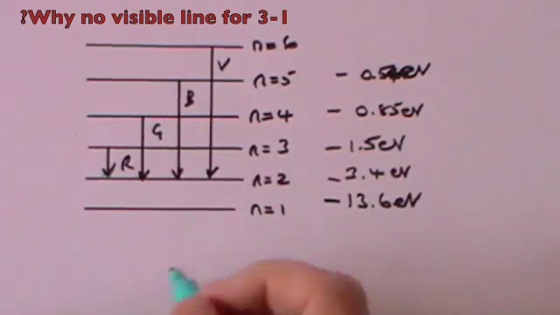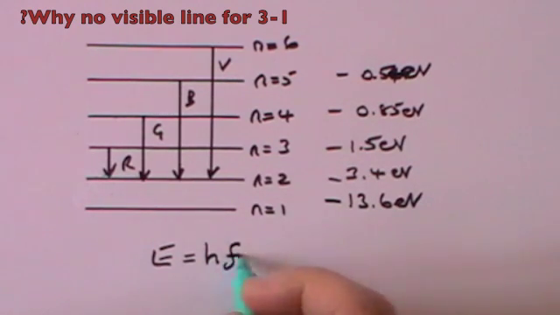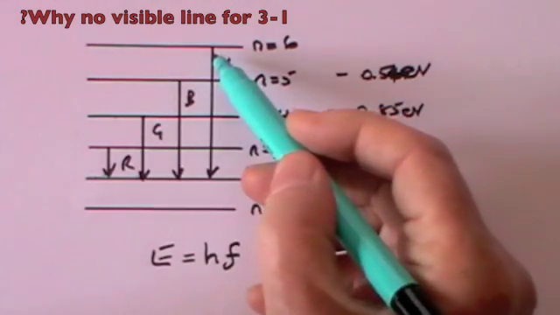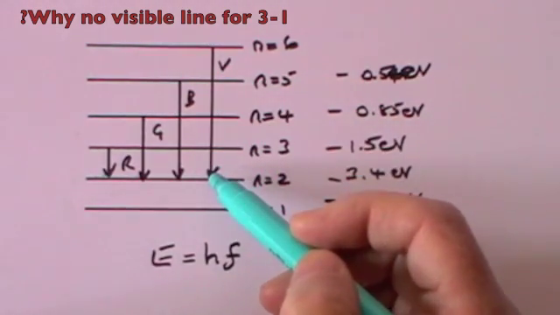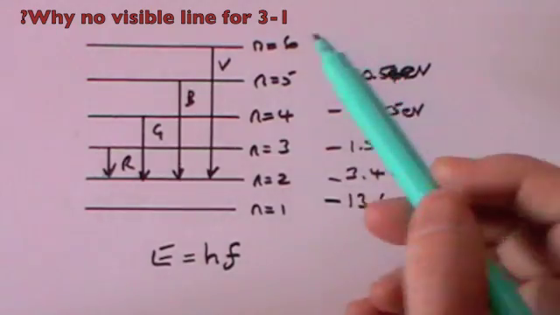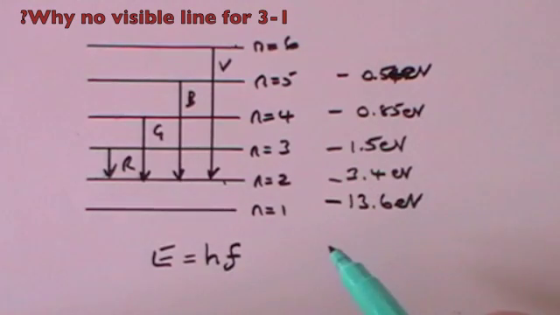We know that the formula that applies here is that the energy of the photon will be Planck's constant times the frequency of the photon. The energy is supplied by the jump from the different levels, and frequency times Planck's constant will equal that energy. So if you look at a violet line, that is coming from n equals 6 to n equals 2.